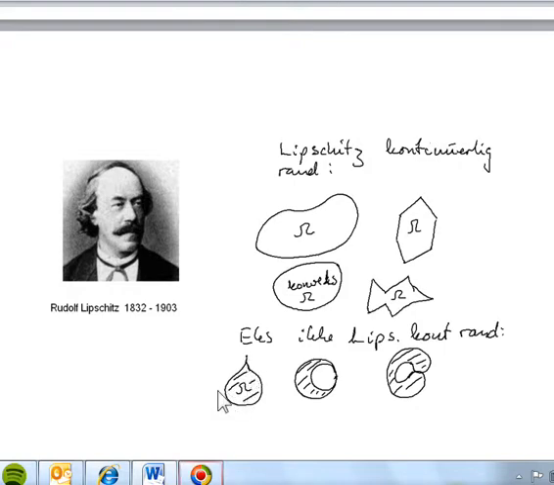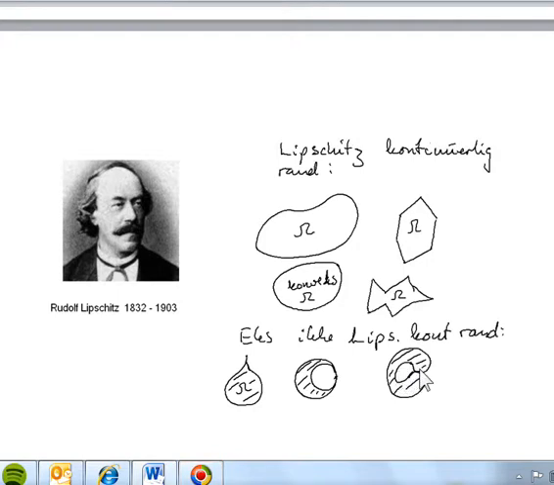So this is not a Lipschitz continuous boundary. Here is also one example. Maybe we could consider this as a circle here and a larger circle here, and they are connected in this point. So this gives angles which are 0.